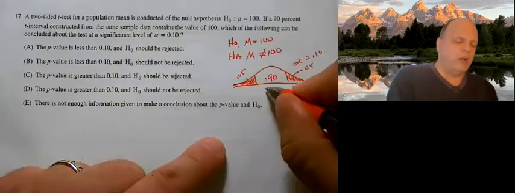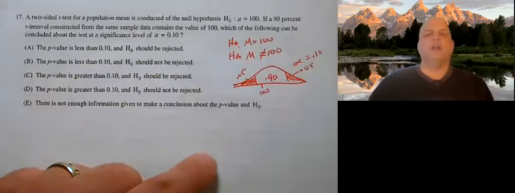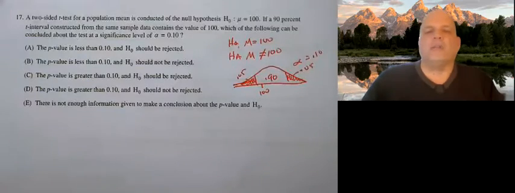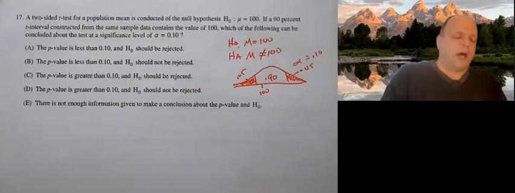But as it turns out, I don't know where it occurred, but somehow 100 is contained in the interval. So it's not in the rejection region, all right? So that tells us about the hypothesis test, all right?